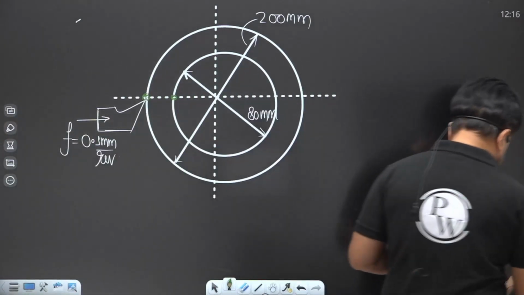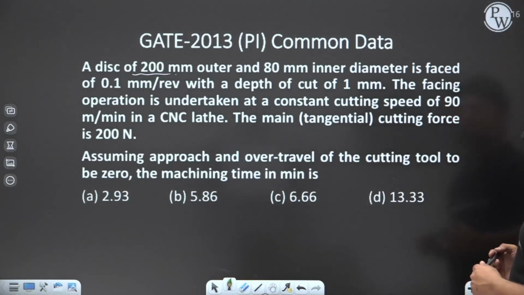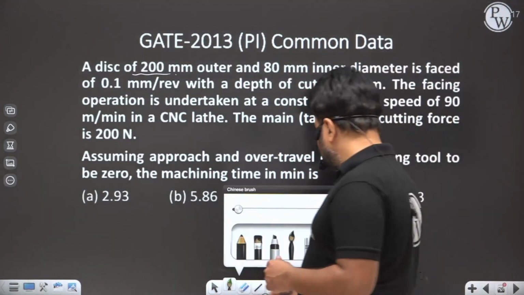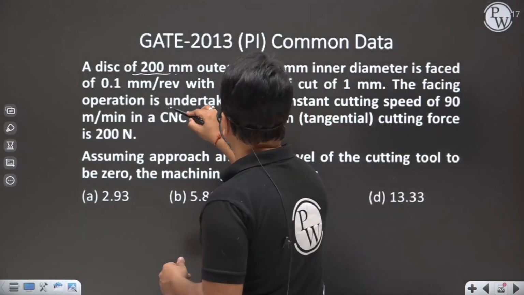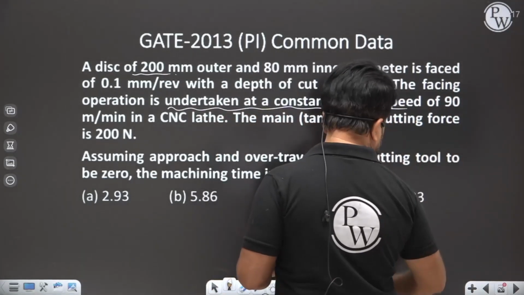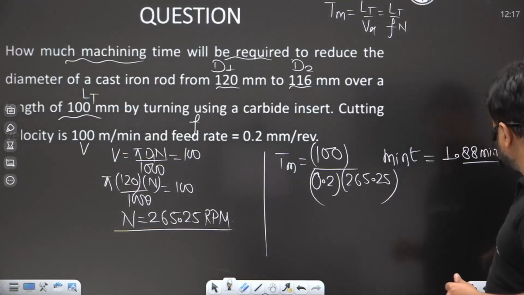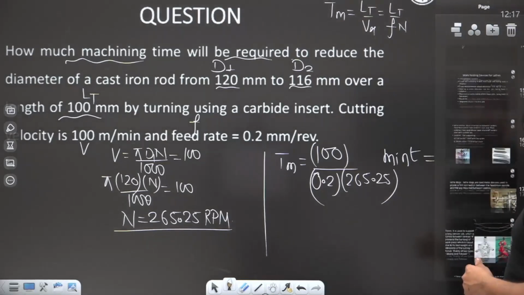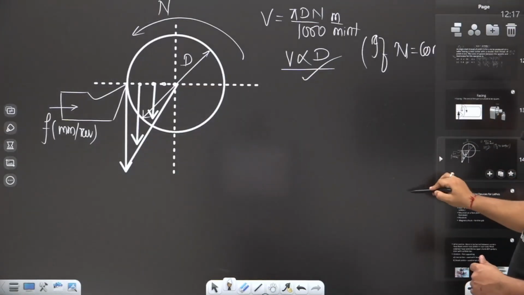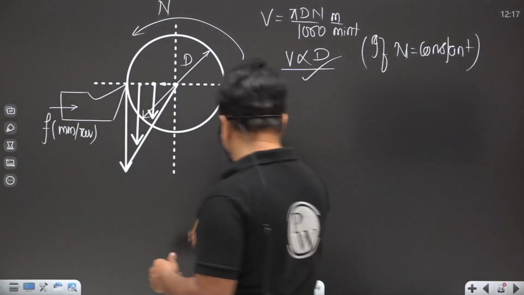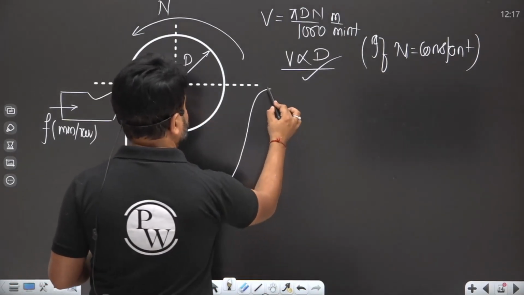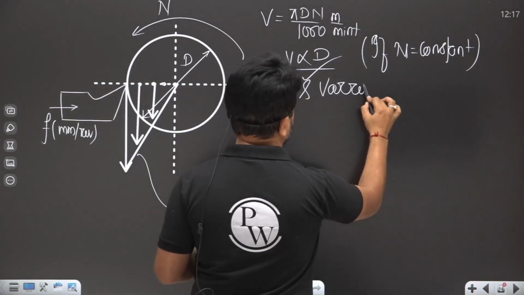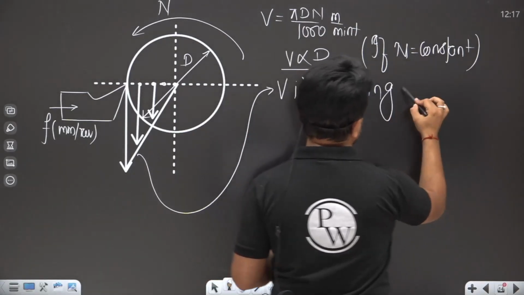Now let's move on. The question is saying the facing operation is undertaken at a constant speed. He says speed is constant, but we have seen that speed is never constant, it varies. In the facing operation, the speed is not constant. V is varying linearly.